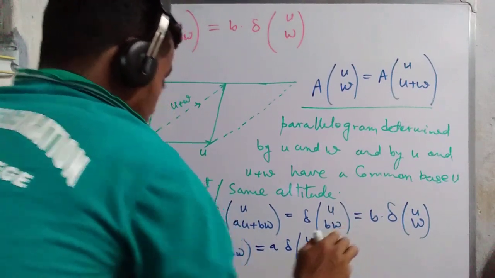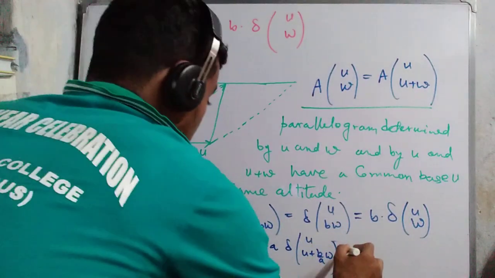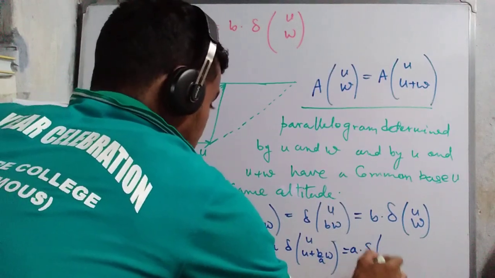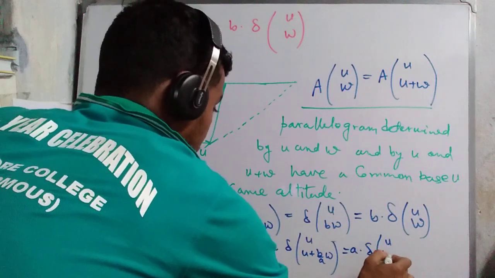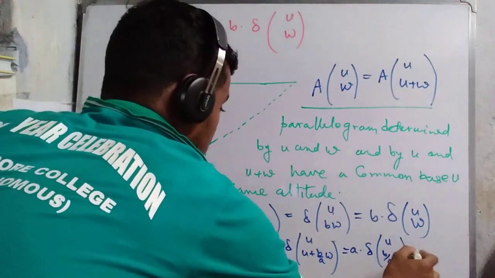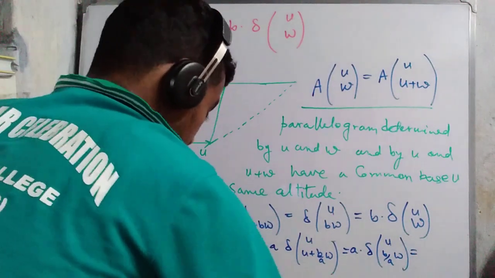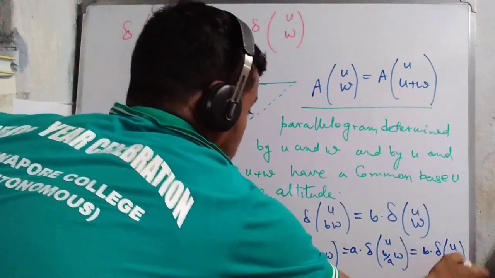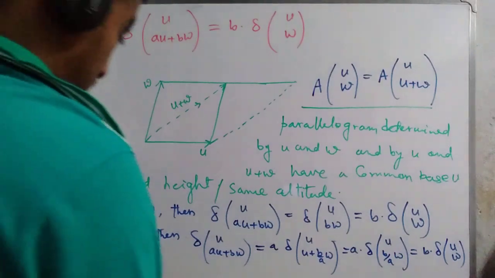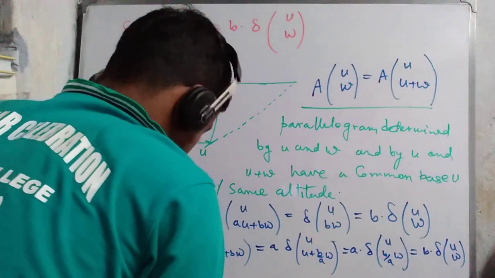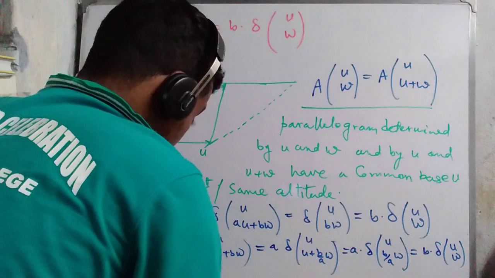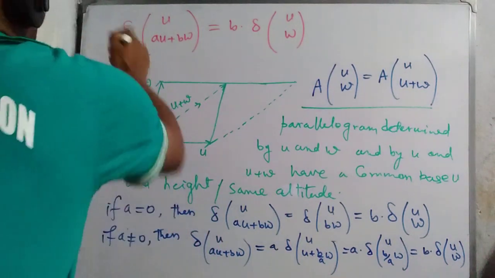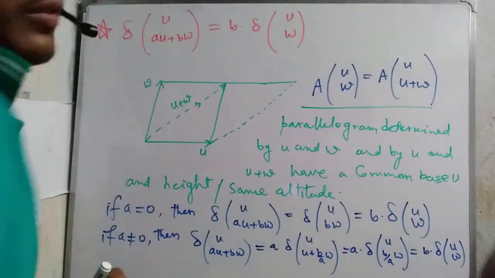Then a dot delta u, b by a w, equals b delta u w. Understood? So then we also prove this one easily. I think not a problem, this one is done.